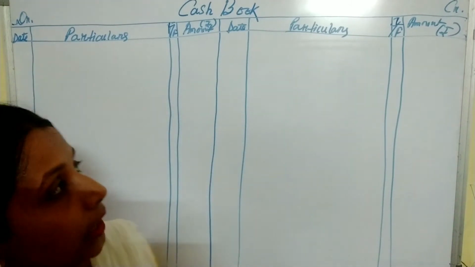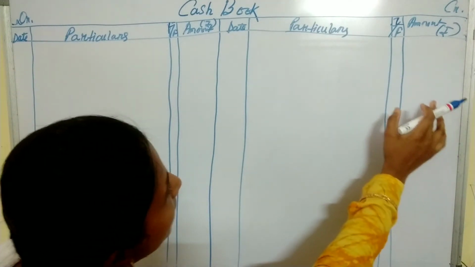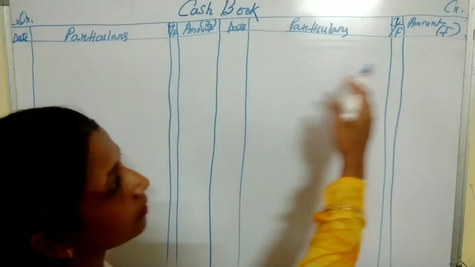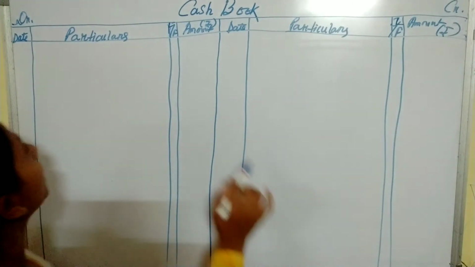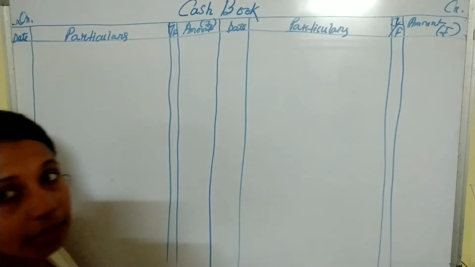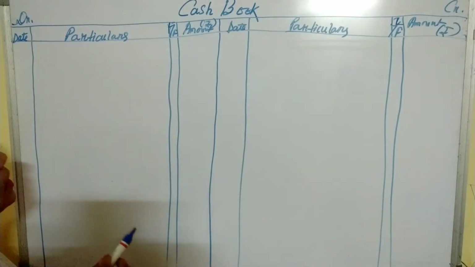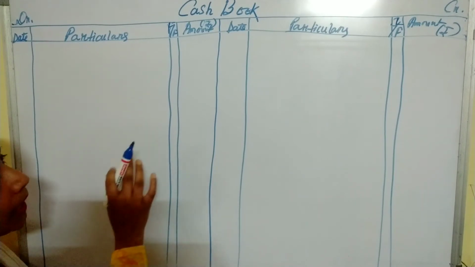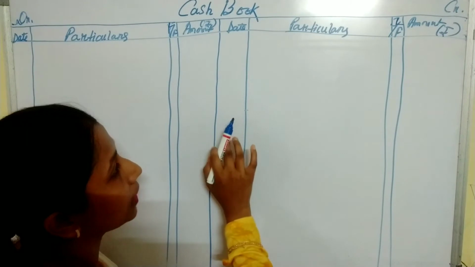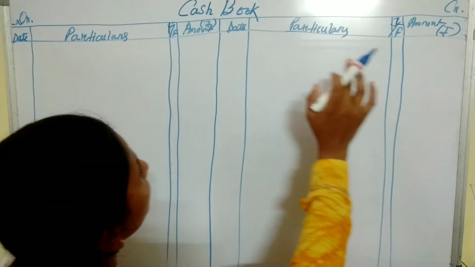So in cash book there is two sides, debit side and the credit side. That is, our left hand side is the debit side and our right hand side is the credit side. At the above you are required to write cash book as you are preparing cash book, and then you will write the first column is the date column, then particulars column, then ledger folio, then amount. And in that side also you write first date column, then particulars, then ledger folio, and then amount column.